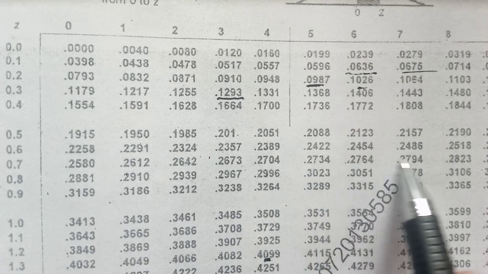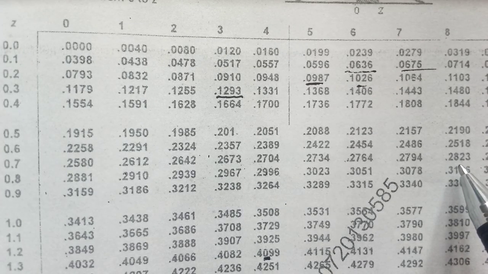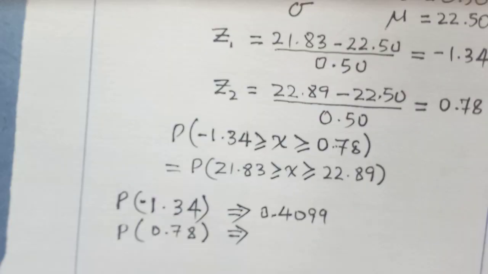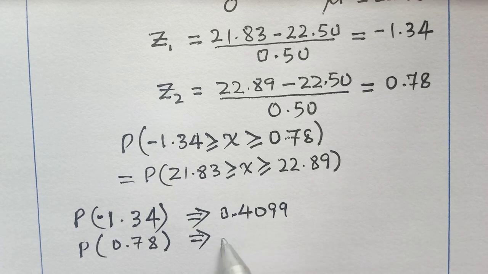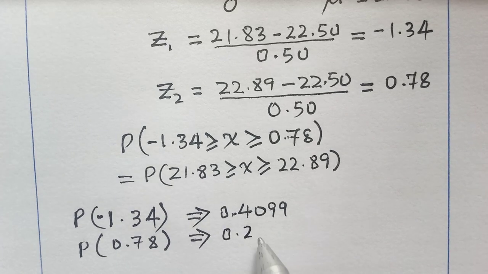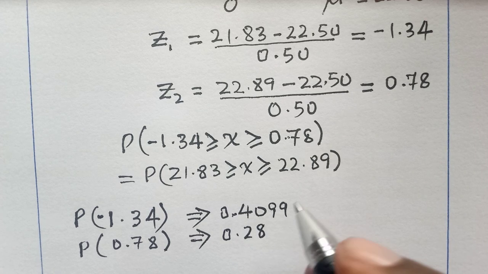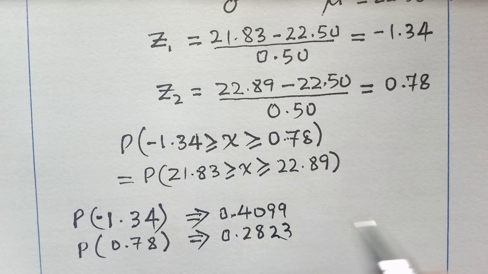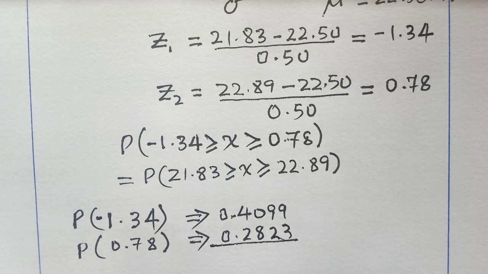This is 0.2823. So we write there 0.2823. So this one now is what we are looking for.